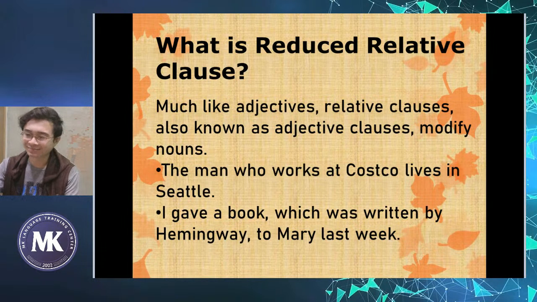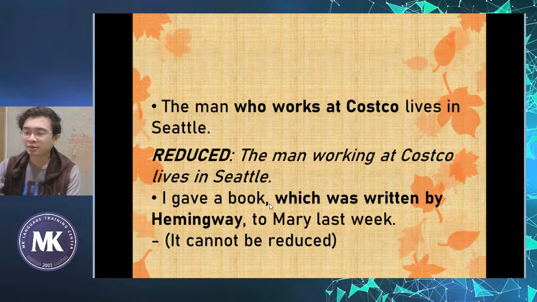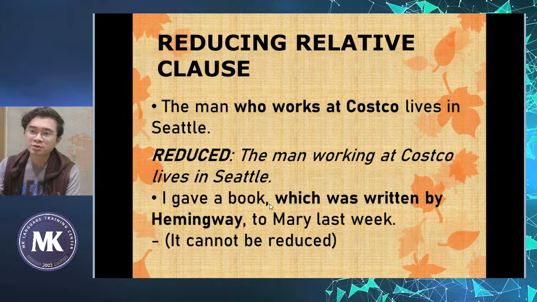Okay, so anyway, here for example, now this time we will try to reduce this clause. Remember we have the first sentence, the man who works at Costco lives in Seattle. So this one, it is possible to be reduced because it's kind of easy and it follows a format.